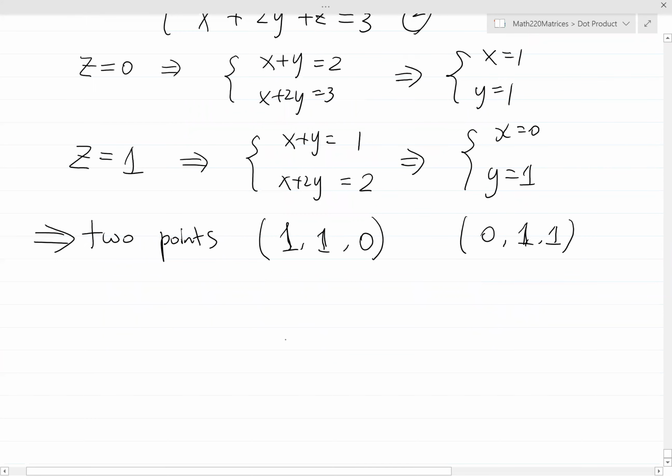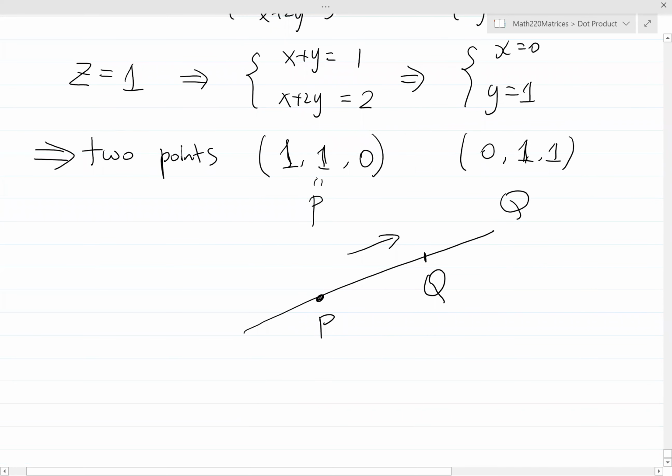Say this point is P, and this point is Q. To determine this line PQ, we use the direction vector PQ, which is Q minus P, head minus tail. So it's (-1, 0, 1).